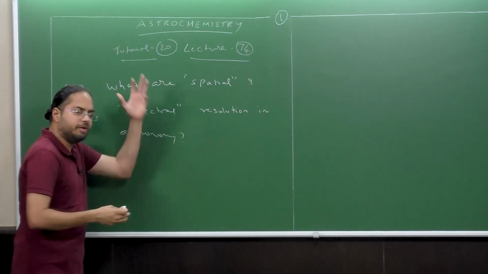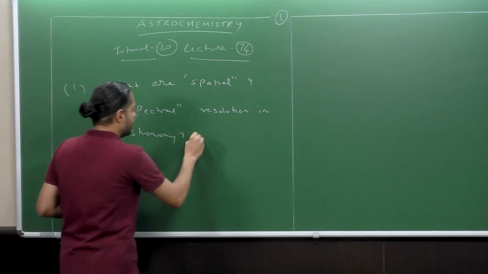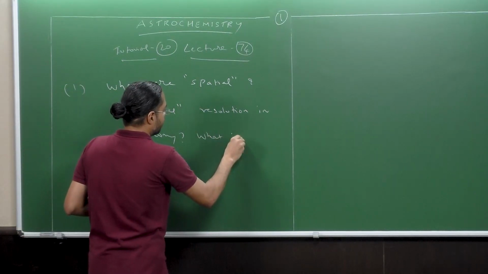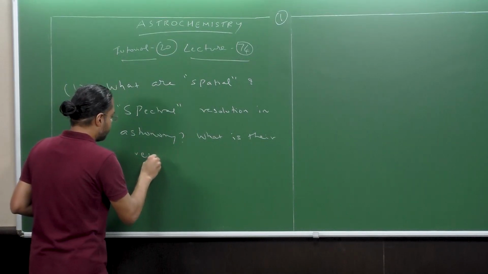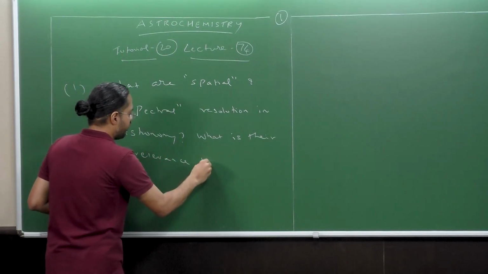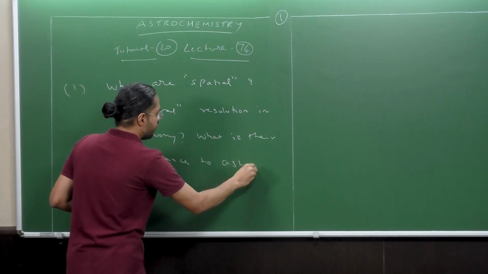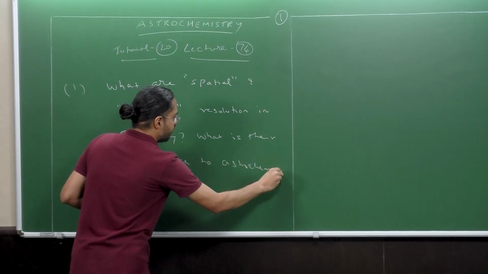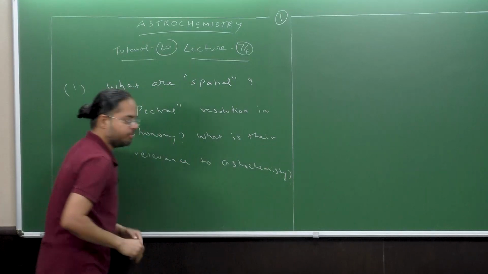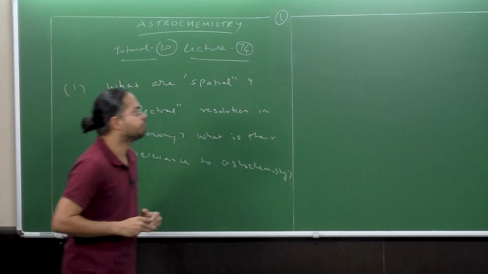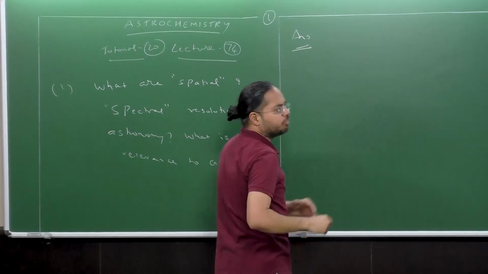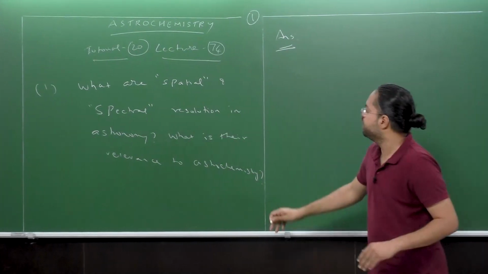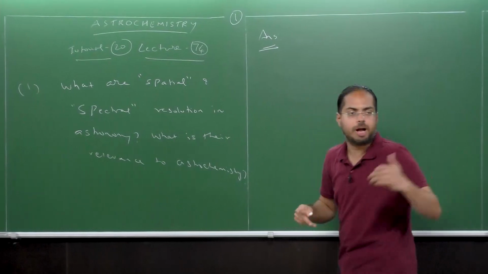And of course, what is their relevance to astrochemistry? So this is the first question we shall be tackling. The answer is, now, I'll begin with the spatial resolution part first.